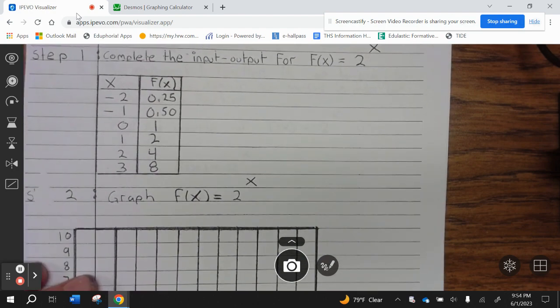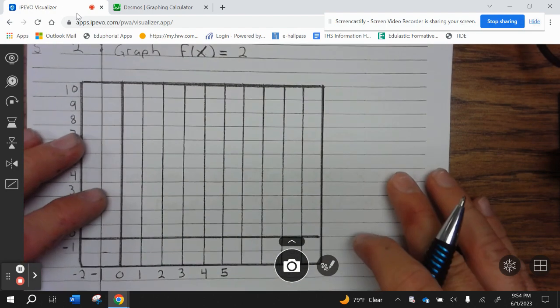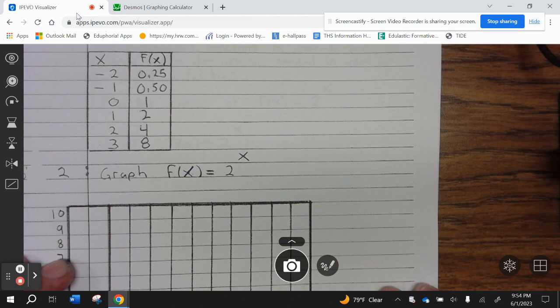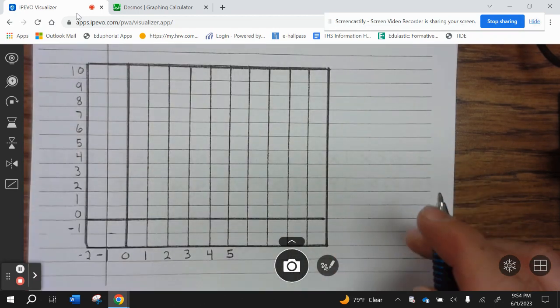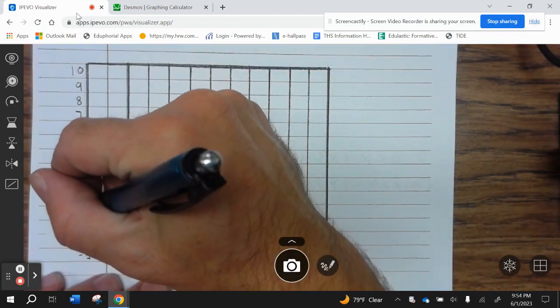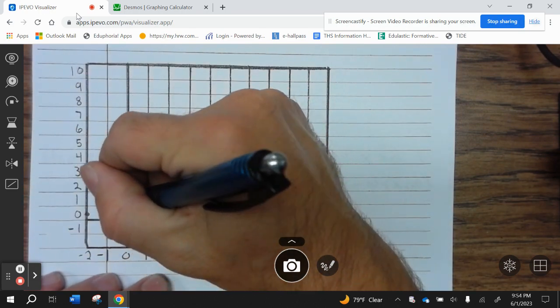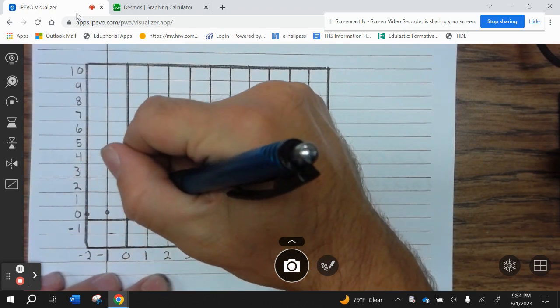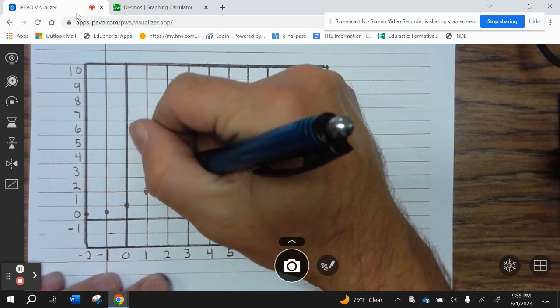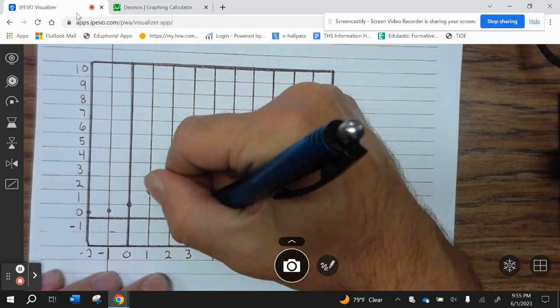Okay, so let's go ahead and graph. We got the table there. So -2, 0.25; -1, 0.5; 0, 1; 1, 2; 2, 4; 3, 8.